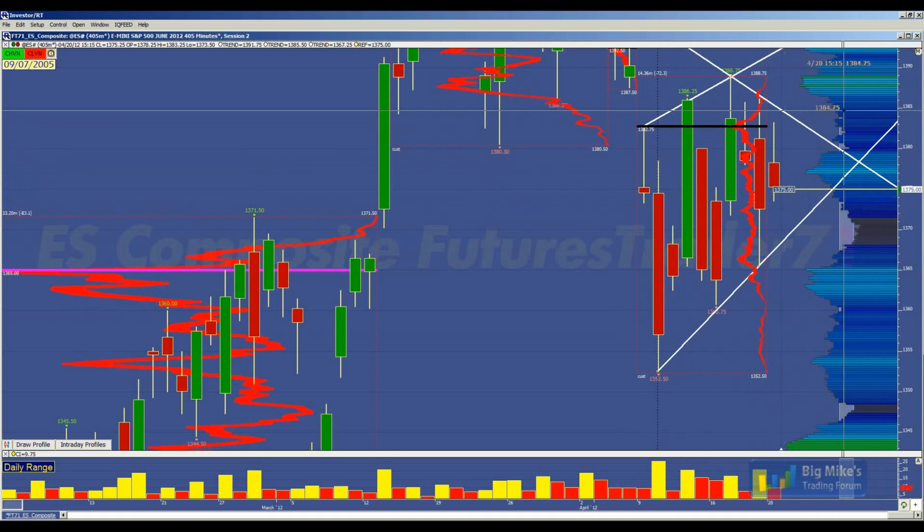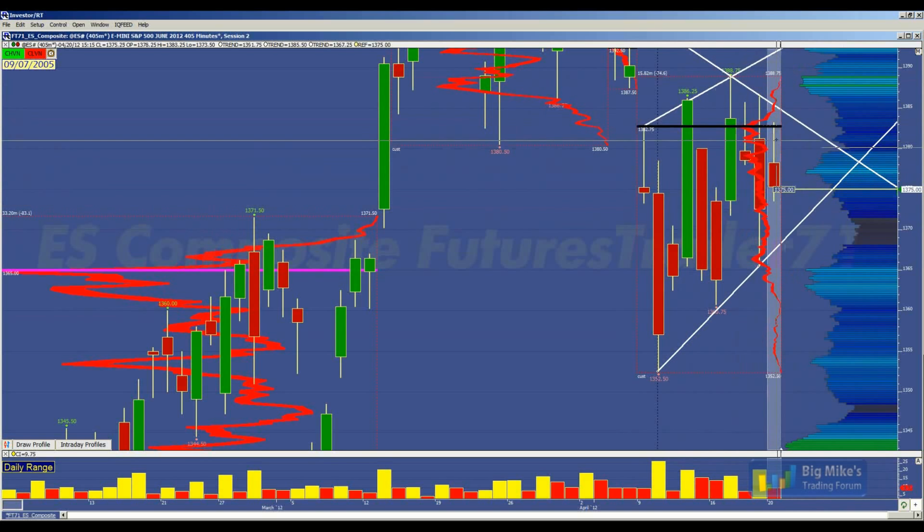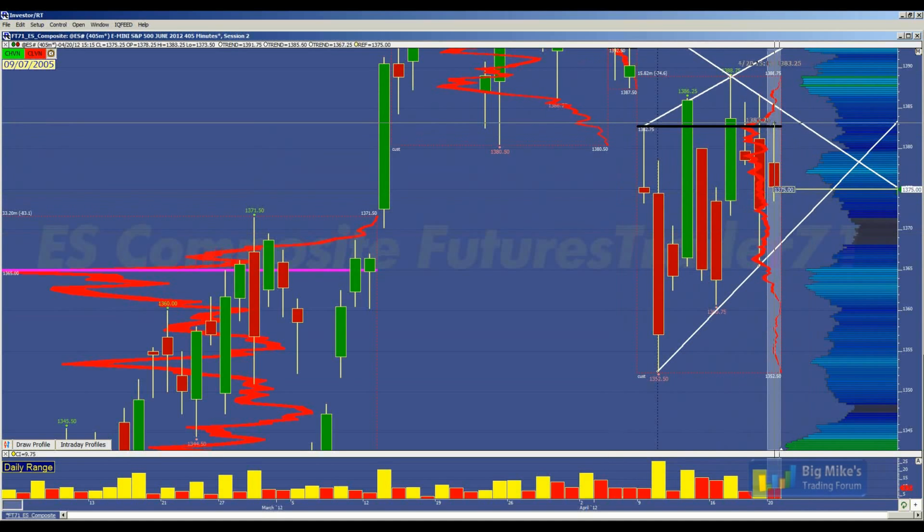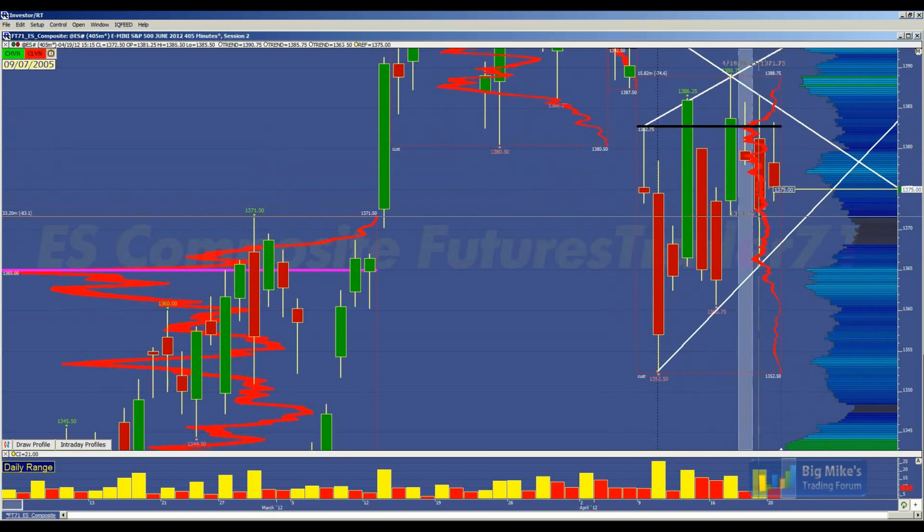It's testing the extremes of both sides of the 77.25. And then you have yesterday, and the point of control still up here at 82.75. We tested it yesterday. If you traded yesterday, we tested it, busted through by 2 ticks, I think, and then sold off to the other side.